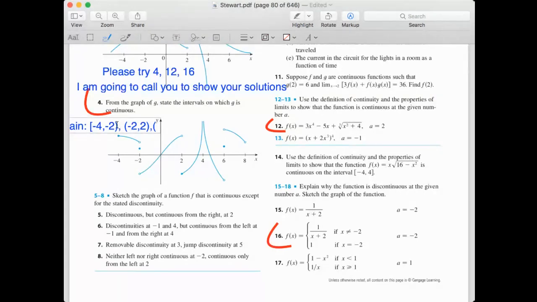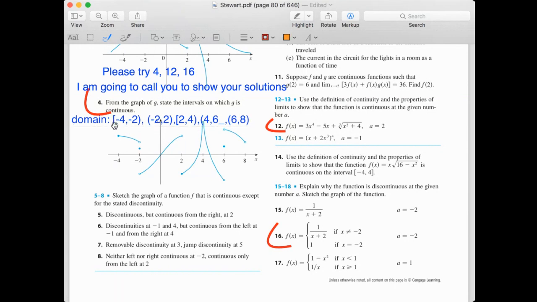You know, in between you can write a union, but it's difficult for me to write unions, so I just write them individually. Then from 2 with bracket, 2 up to 4, then 4 up to 6, then 6 up to 8. All right.